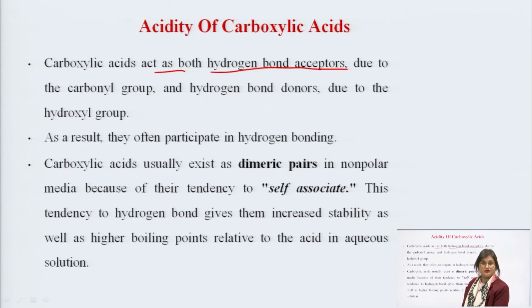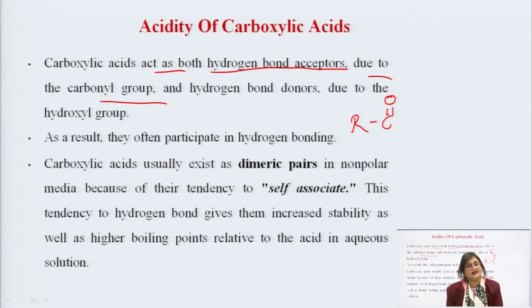It is because of the carbonyl group. Due to the presence of the C double bond O group, carboxylic acids act as hydrogen bond acceptors. They also act as hydrogen bond donors due to the presence of the OH group.